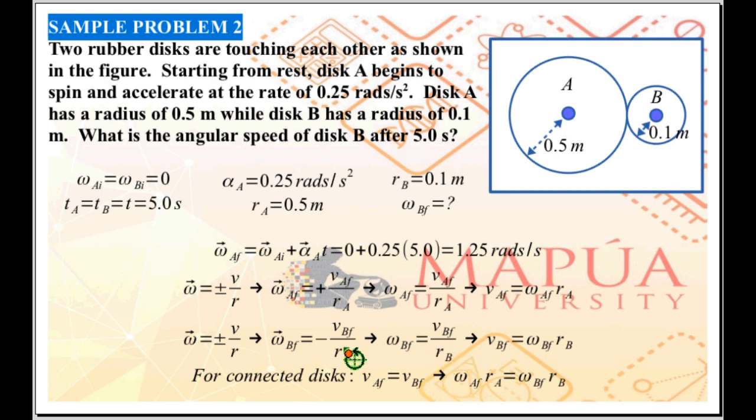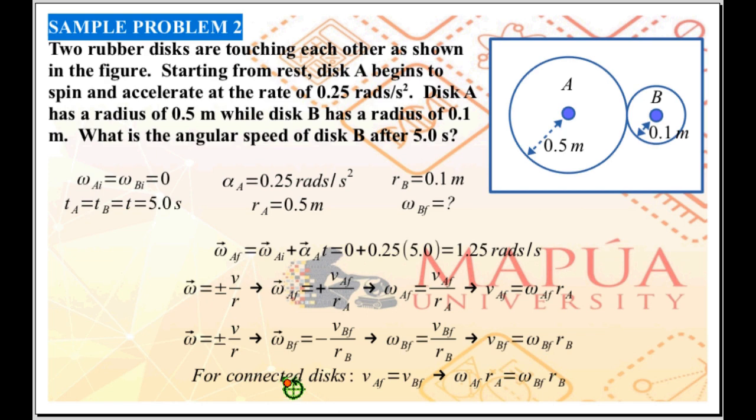No more negative sign because the negative sign pertains to the direction, and we're just talking about the magnitude of omega B final. Transferring RB to the other side, we have VB final is equal to omega B final RB.